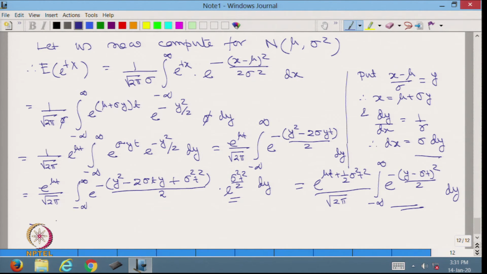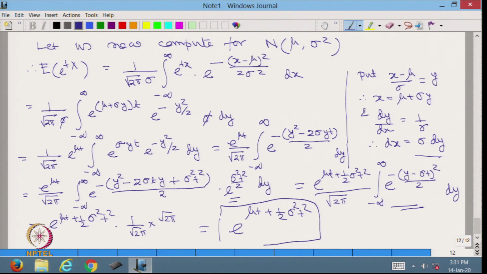Hence, we can write it as e to the power mu t plus half sigma square t square, 1 over root 2 pi, root 2 pi, which is equal to e to the power mu t plus half sigma square t square. So, that is the moment generating function of a normal random variable with mean equal to mu and variance equal to sigma square.